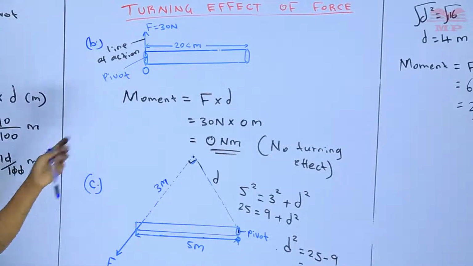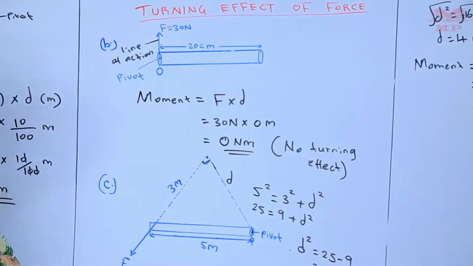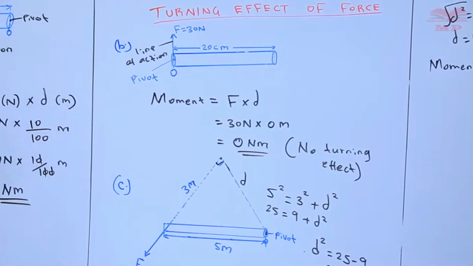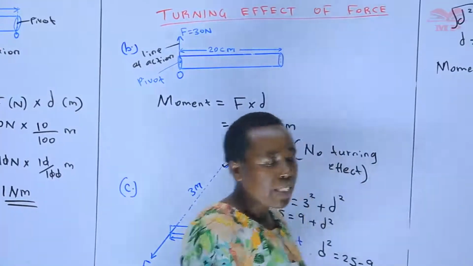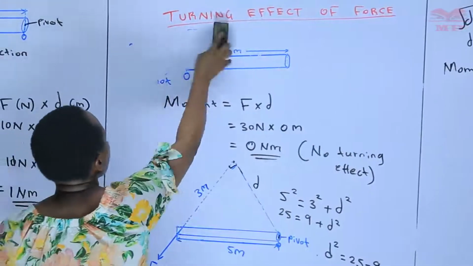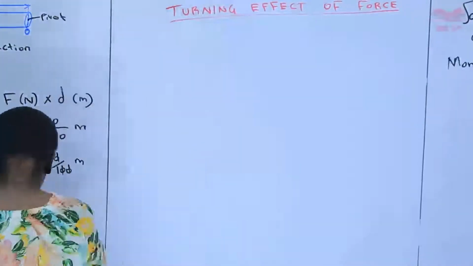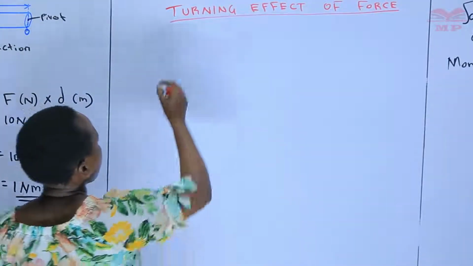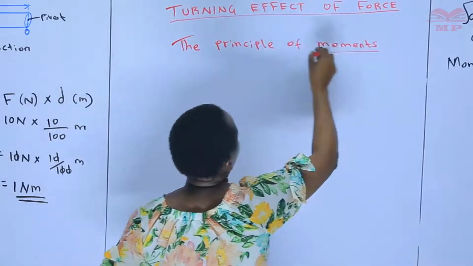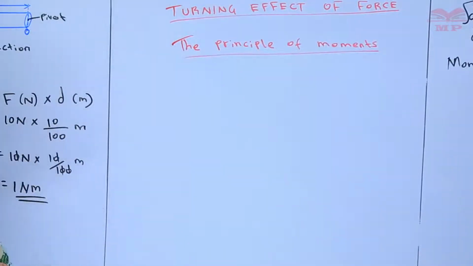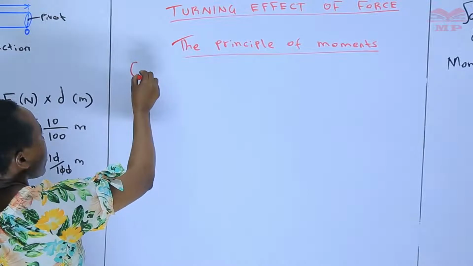So this will usher us into a principle which we refer to as the principle of moments, and that's what we want to state. So we look at the principle of moments. And I want us to consider the following.